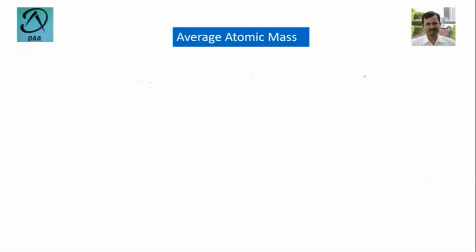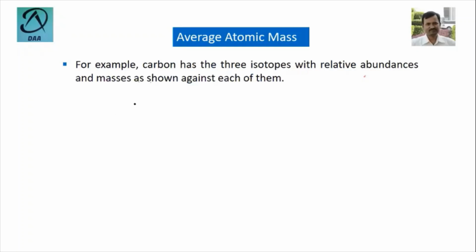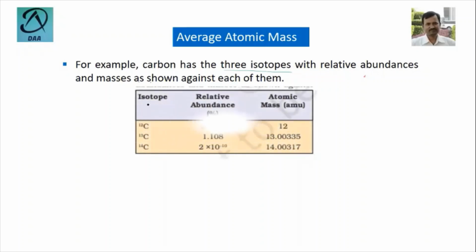Now I'll give one example for carbon. Carbon has 3 isotopes. In this table, you can see the 3 isotopes: 12C, 13C and 14C. 12C relative abundance is 98.892 and its atomic mass is 12 u or AMU, and the 13C isotope relative abundance is 1.108 and its atomic mass is 13.00335 AMU or u.